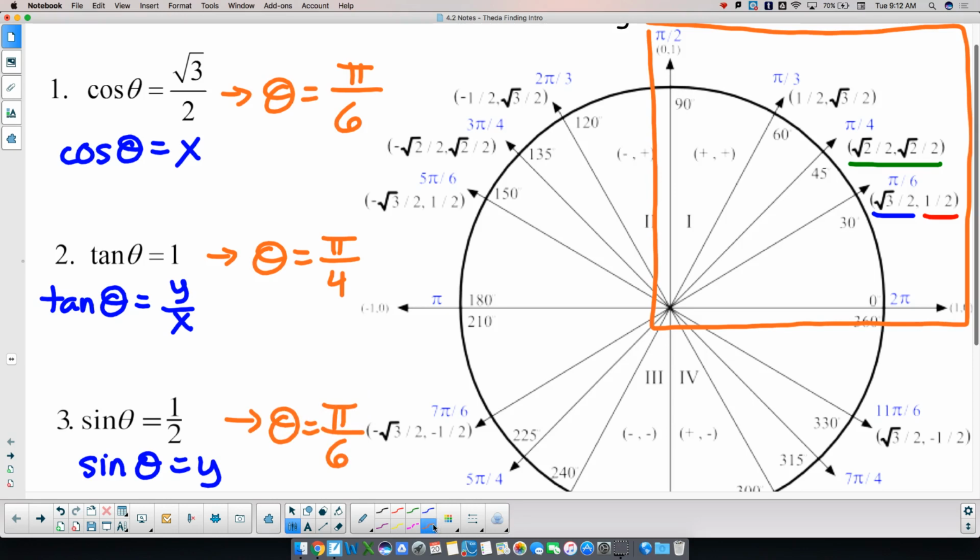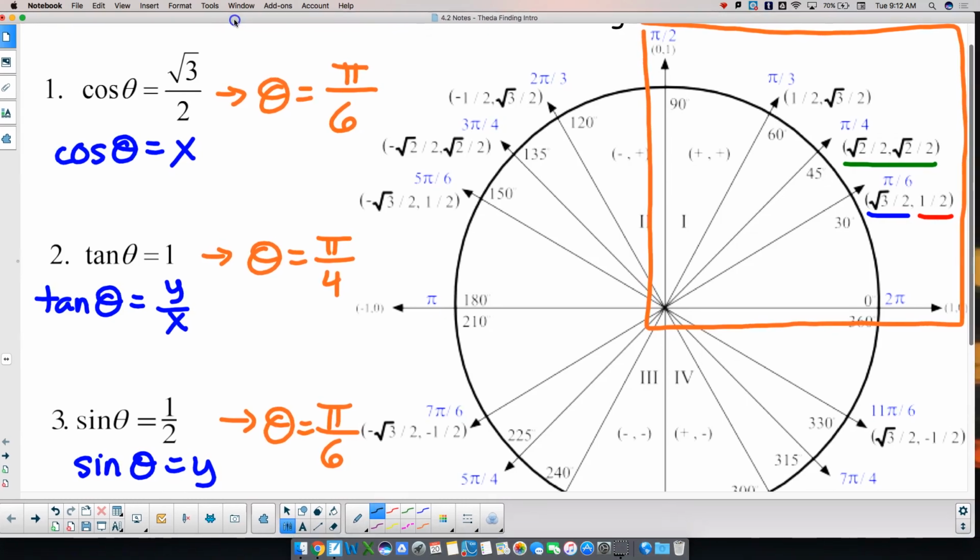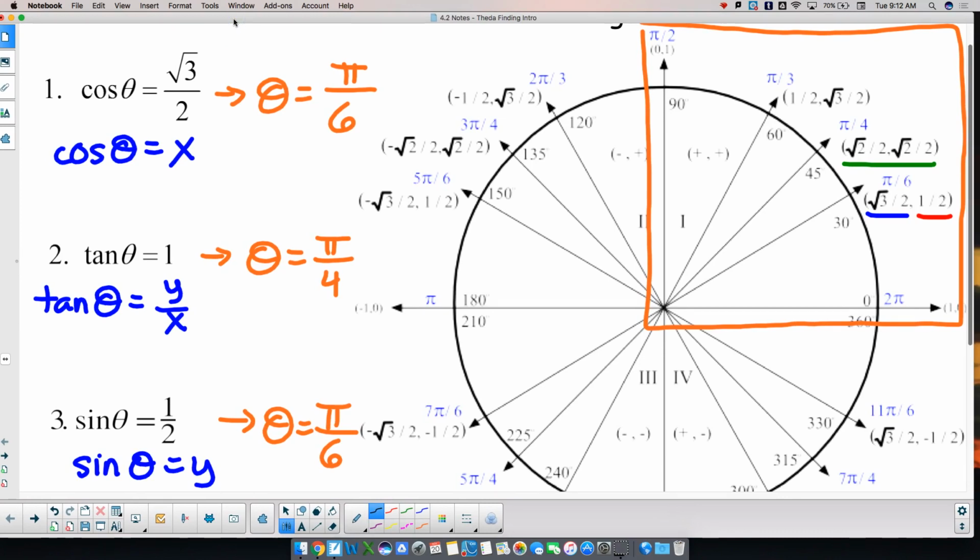Okay? Again, last week and the week before when we developed the unit circle and then utilized it, we would say that if I had the tangent of pi over 4, that would be y over x, root 2 over 2 divided by root 2 over 2, and that would be equal to 1.